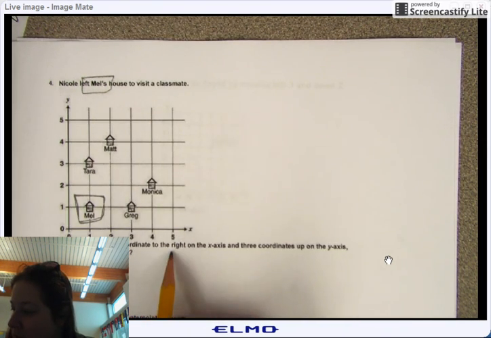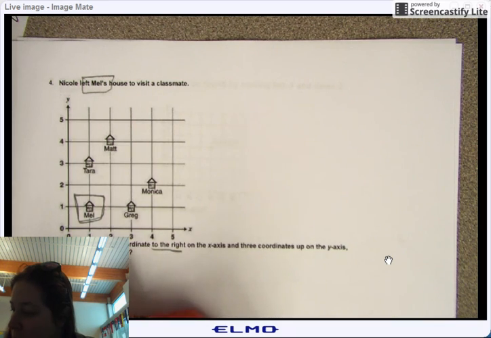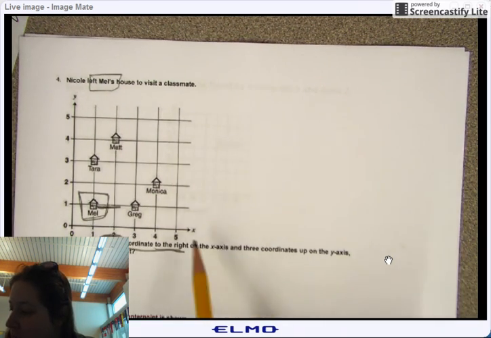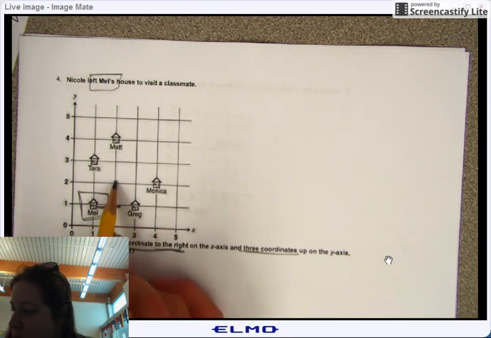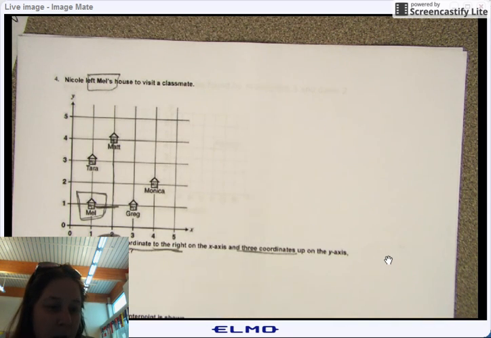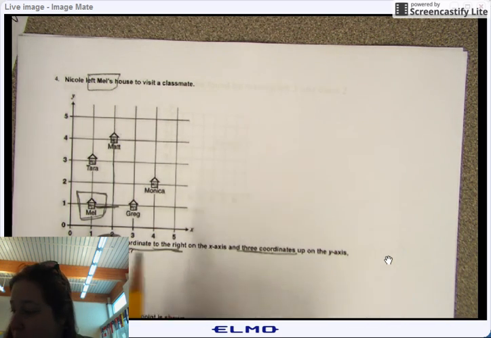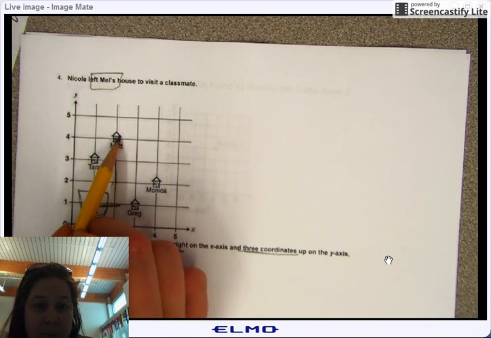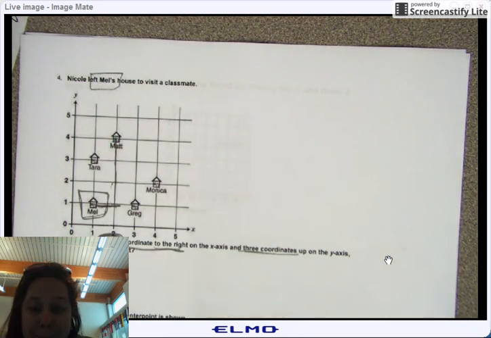And she's traveling 1 coordinate to the right. And she's moving 3 coordinates up. 1, 2, 3. Whose house did she go to? Over 1, move up 1, 2, 3, leaving you at Matt's house.